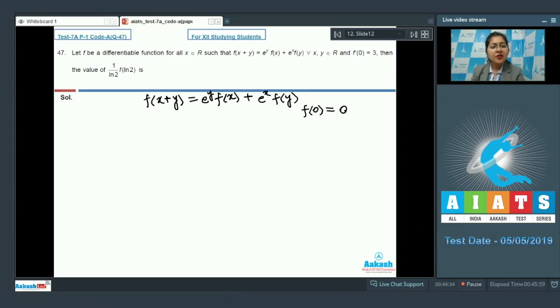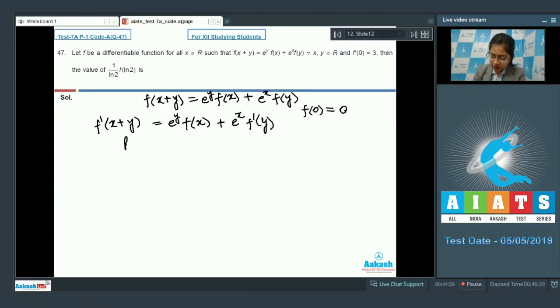Also, if I differentiate it with respect to y, what will we get? f dash of x plus y is equal to e raised to the power y into f of x, we are doing partial differentiation, that is we are keeping x as constant, plus e raised to the power x into f dash of y.